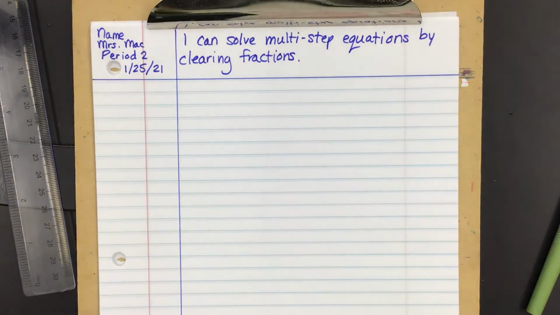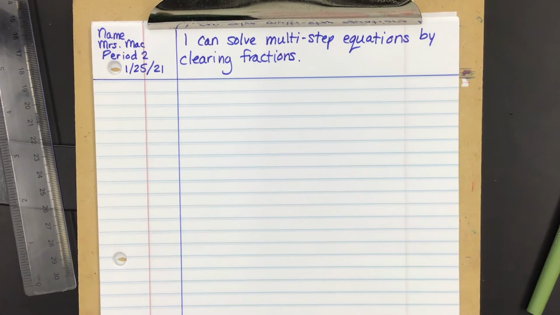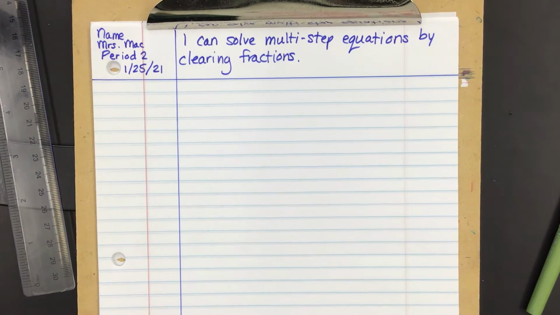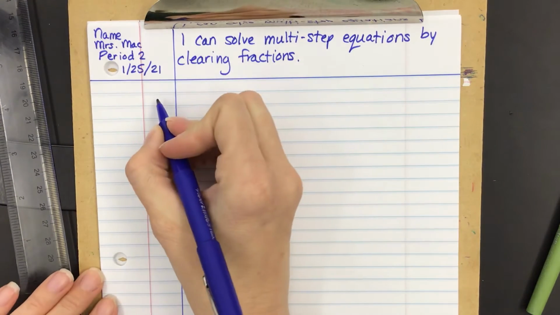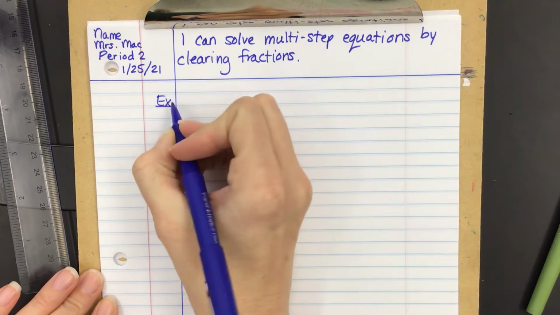You should be kind of familiar with this process just because we did it with decimals on Friday. I just introduced it to you. Fractions, kind of the same thing. You're going to basically figure out what you can multiply both sides of the equation by to get rid of every single fraction in the equation. Okay, so let's take a look at an example and we'll work on it together.